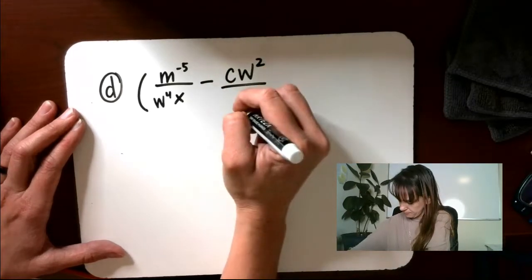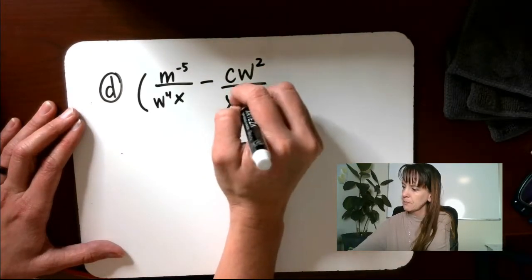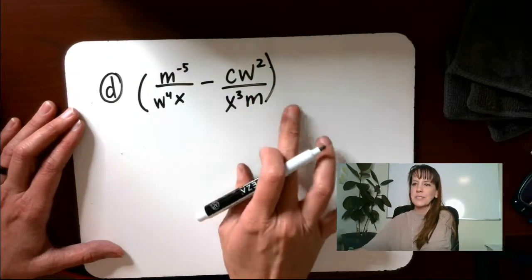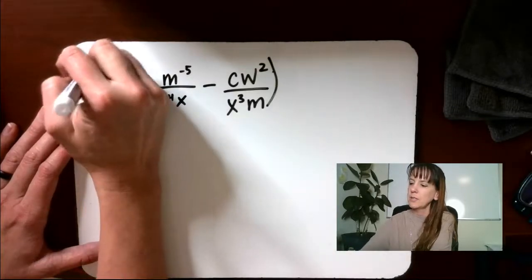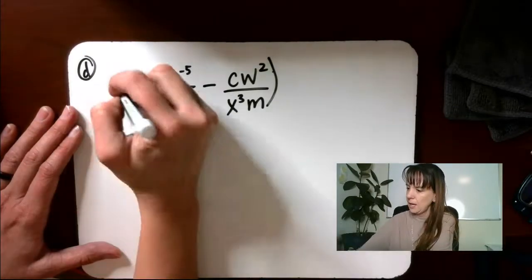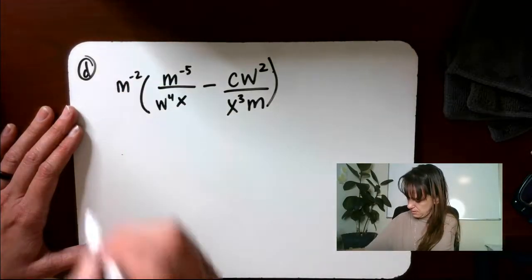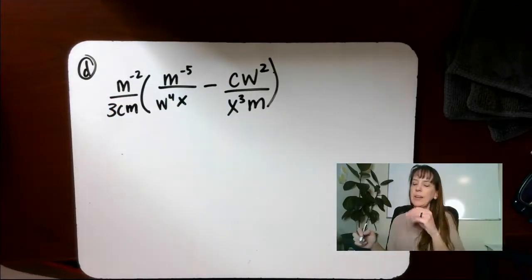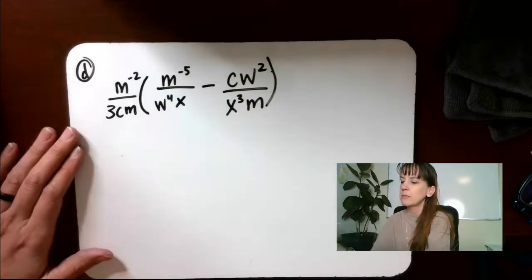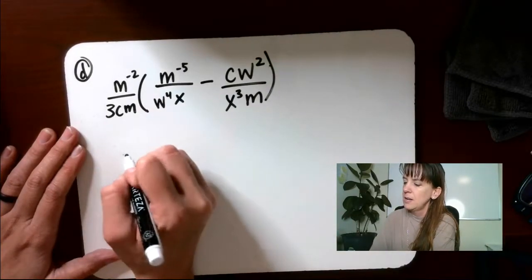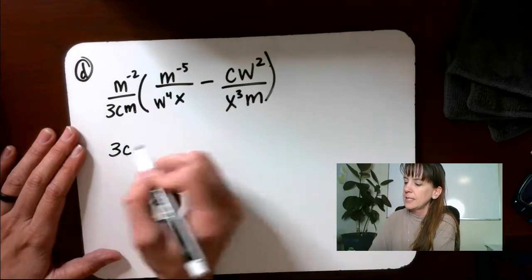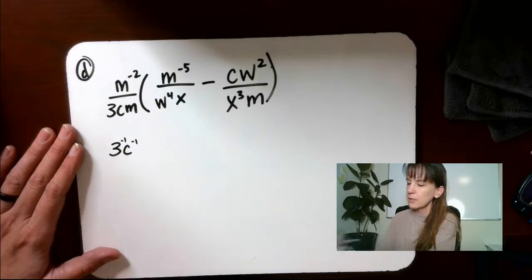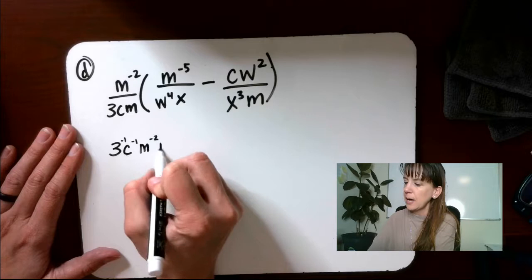c w to the 2 over x to the 3, m. And so in the book, it says the m is at the back. Let's move that to the front. Let's make life easier. m to the negative 2, 3c m. All right, again, everything needs to be in the numerator, so let's move it all upstairs. We have 3 to the negative 1, c to the negative 1, because I'm moving it upstairs. m to the negative 2, m to the negative 1.